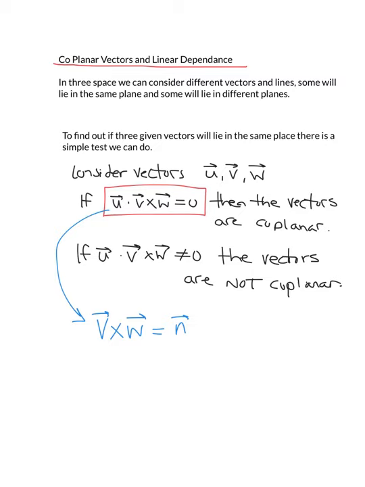If I now take that perpendicular vector and dot it with the third vector, in this case u, and it equals 0, what that is telling me is that the perpendicular vector from the cross product is perpendicular to that third vector, meaning all three of our original vectors lie in the same plane.